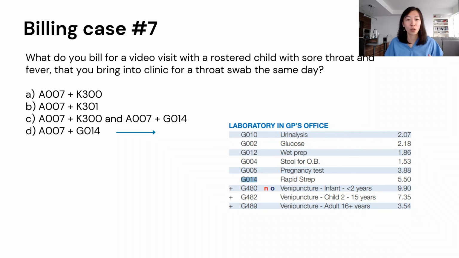The phone visit or video visit no longer gets processed or goes through, right? So in this particular case, you would only get the billing code for seeing the sore throat. And if you did a rapid strep swab, then you get the billing code for that. If you saw that patient the next day, for example, then maybe C might be the right answer.